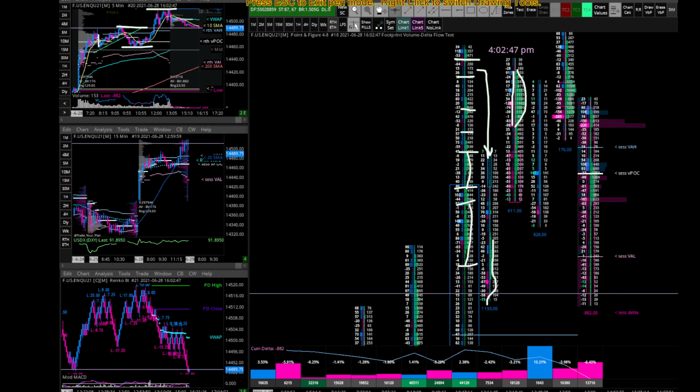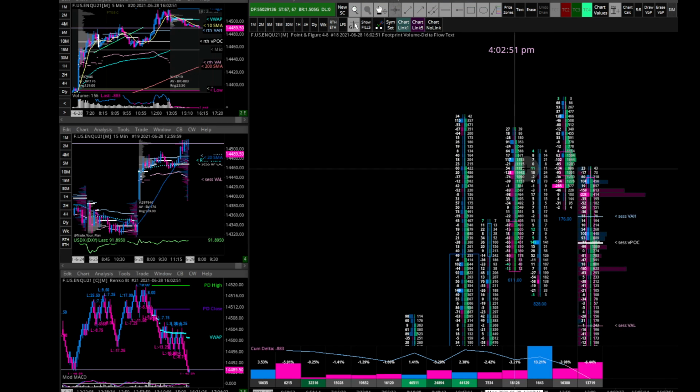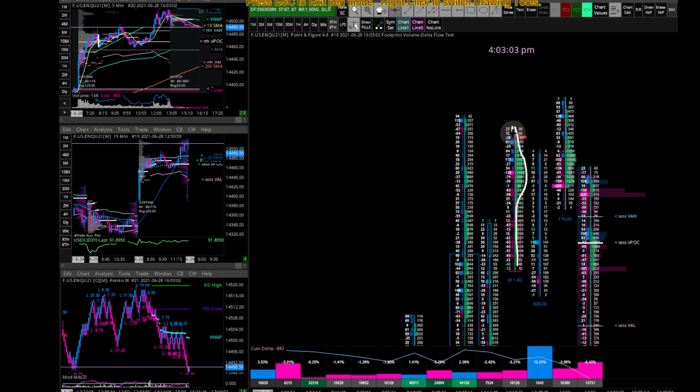So you can see that there's some exhaustion forming, essentially, because look at the structure of this point figure, right? You see how it comes out, forms this nice P shape here. That's a short covering type of candle, right? Where they distribute higher and force the shorts to cover even higher, right?